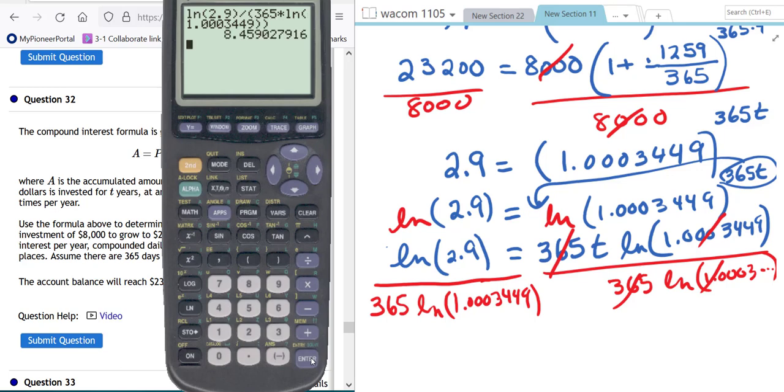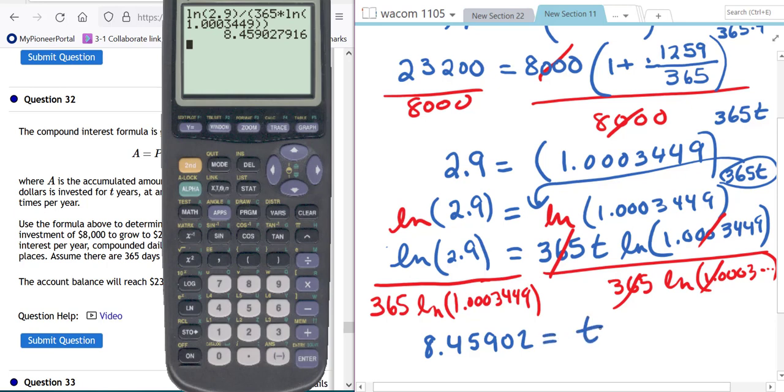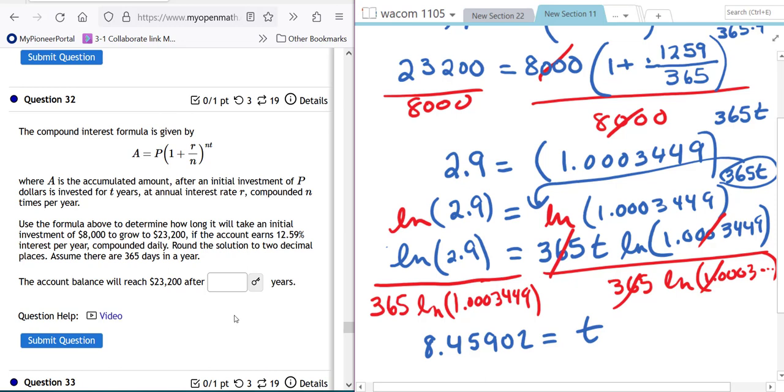So we get 8.459. I don't remember how far out these said to go. We'll put 2 more just in case. This is T. And 2 decimal places. So I didn't need that much.